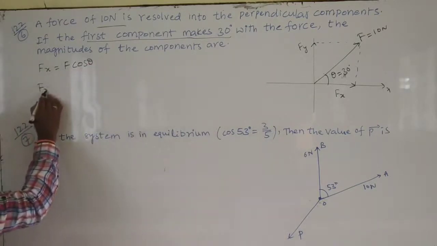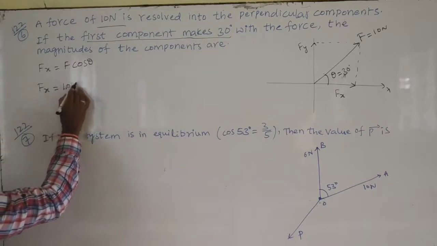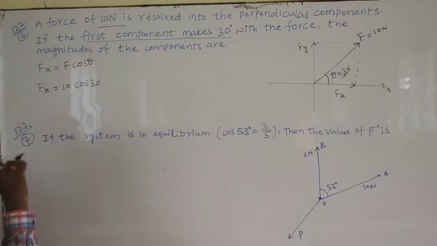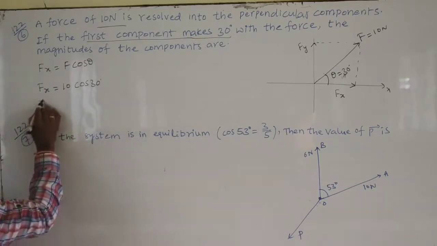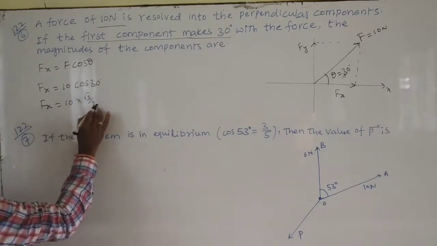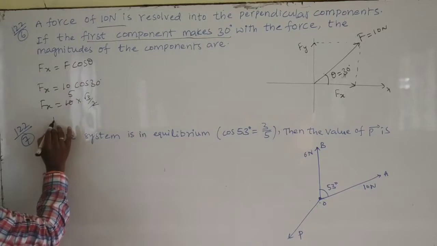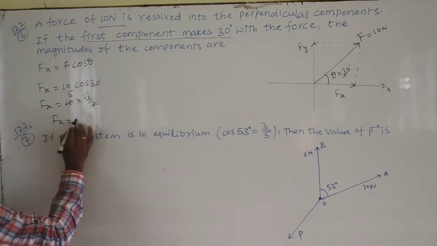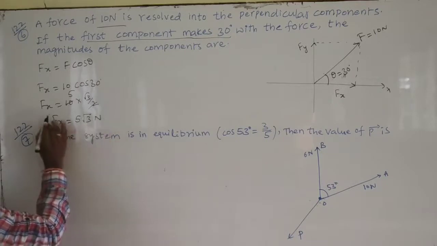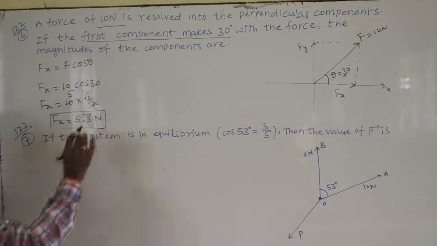So the x component is 10 cos 30 degrees. What is cos 30? It's root 3 by 2. So Fx equals 10 into root 3 by 2, which is 5 root 3 newtons. This is the x component of the force.